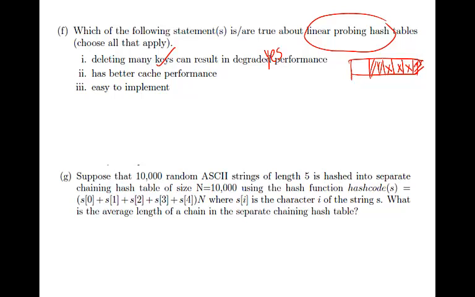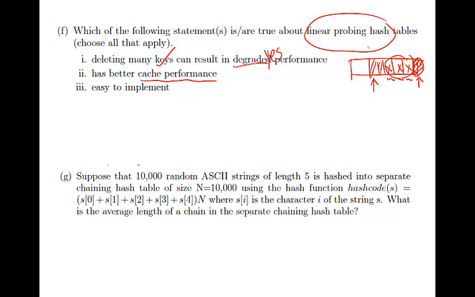So when you're looking for a key, you may start here, but you have to go over these deleted keys to get to here. So this means that it can degrade the performance. If there are a lot of dummy keys in the hash table, one possibility is to rehash and remove all the dummy keys and then start all over again. That can be much better than just leaving a lot of dummy keys in there.